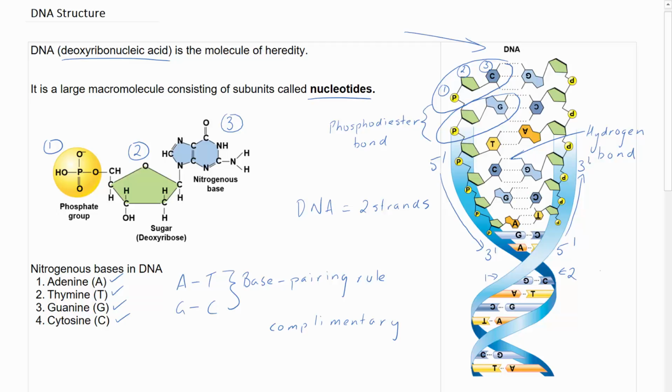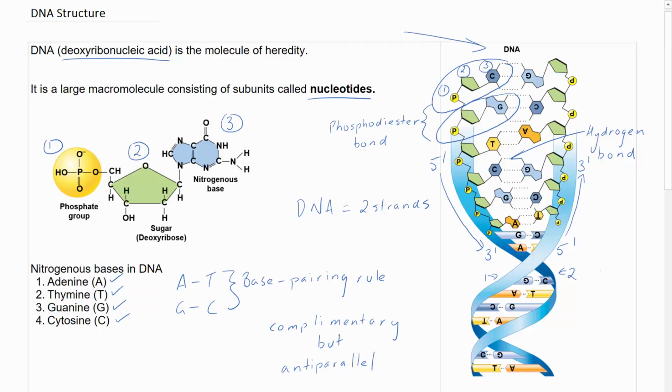So this is kind of like 2 trains running on a track in opposite directions. What this means is that 2 strands of DNA are complementary but anti-parallel. This is so the bases can actually face into the middle and bond with each other.